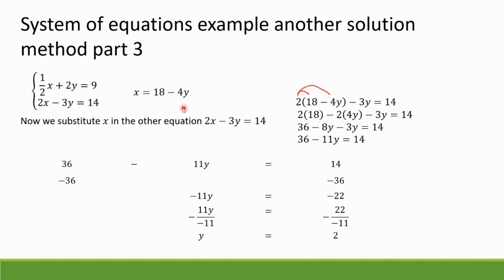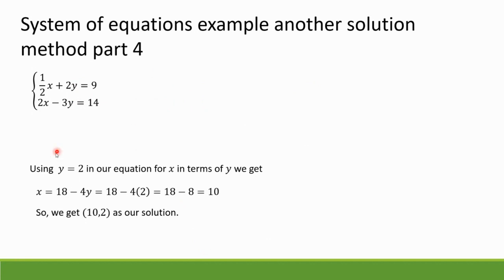Now, since y equals 2, we can get x. How do we do that? We could plug this y into either of the equations, or we can just use this. We have x equals 18 minus 4y. So for y equal to 2, we get 18 minus 4 times 2, which is 18 minus 8, which is 10.